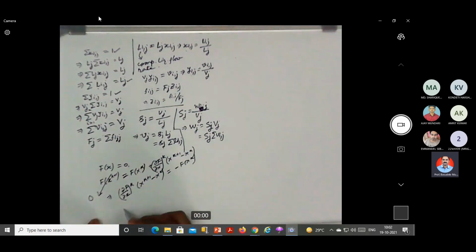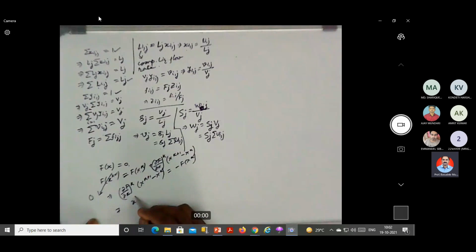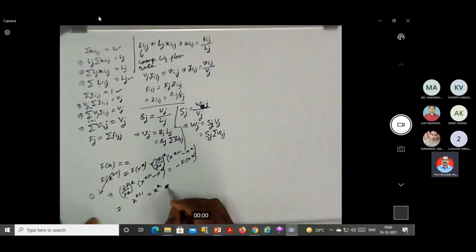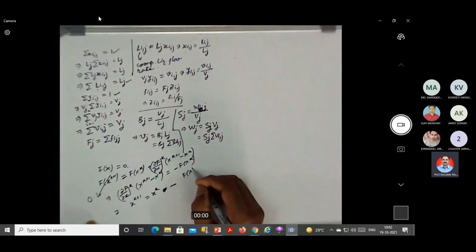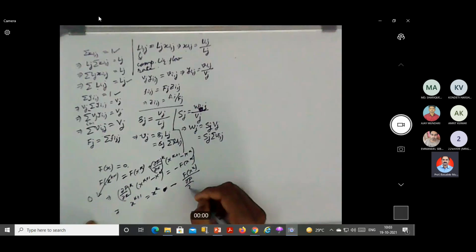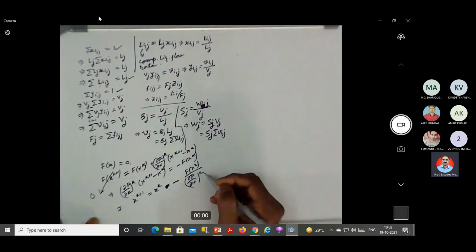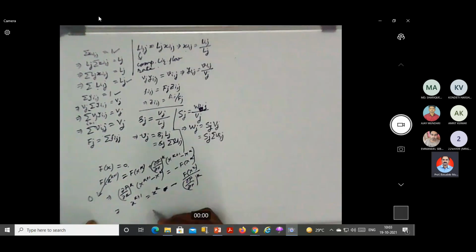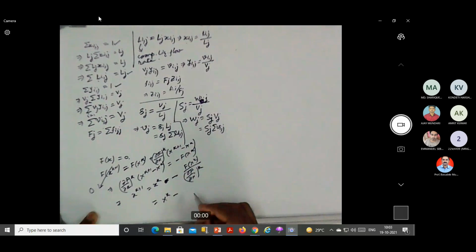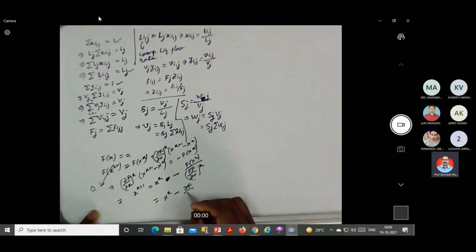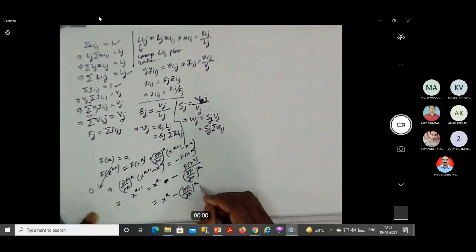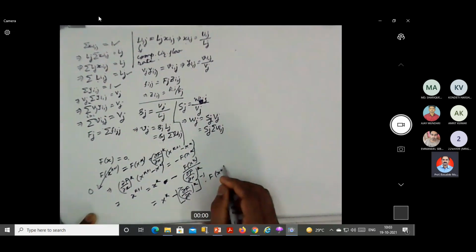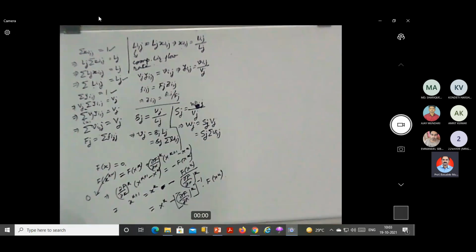Then from here we can write xk plus 1 equal to xk minus f(xk) divided by del f del x, the kth iteration level derivative value, right? This also we can write as xk minus del f del x at kth iteration level to the power minus 1 into f(xk), right? So this is how we write xk plus 1.